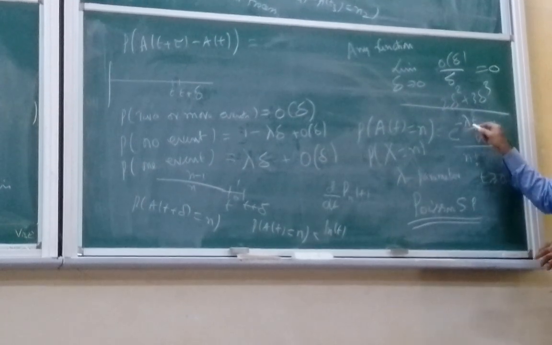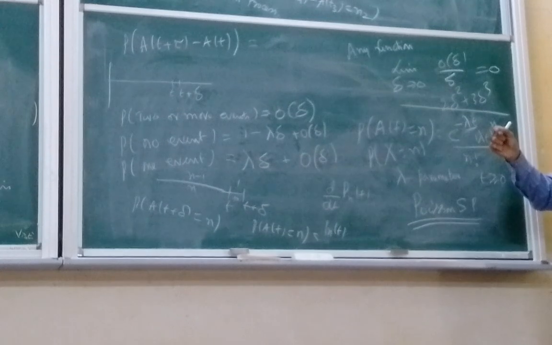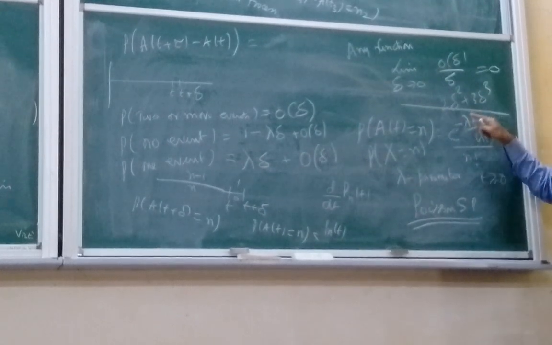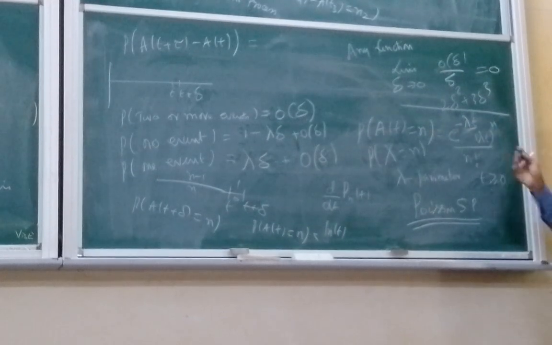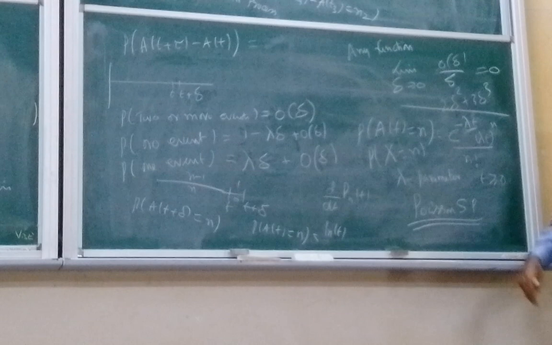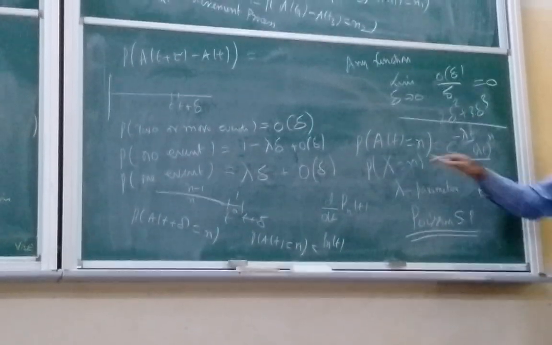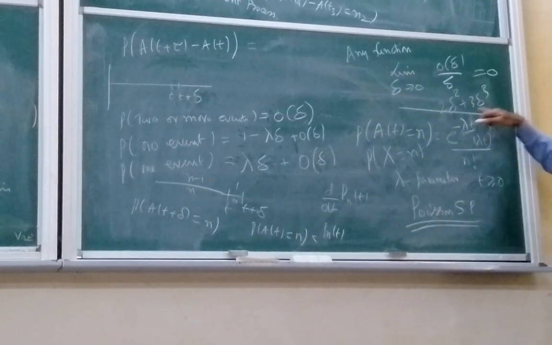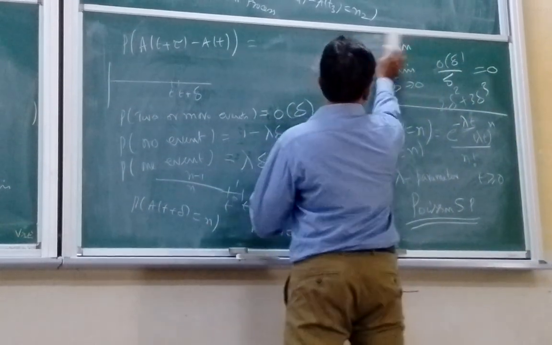Because if you fix the value of t, then you can call lambda t some other lambda or some other beta or whatever it is. Then it becomes the familiar Poisson random variable. Now it is dependent upon t. So if you fix a t, this is the probability, and now you can find the expectation of A of t.